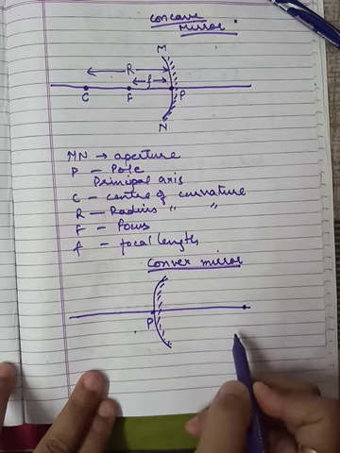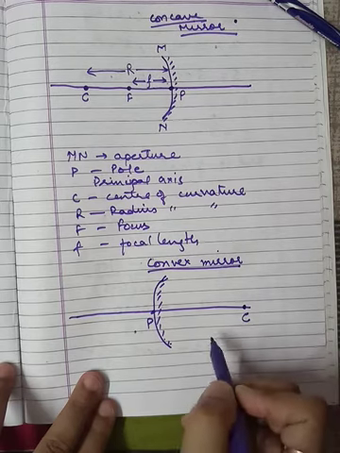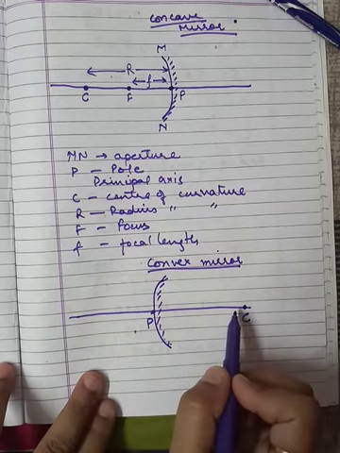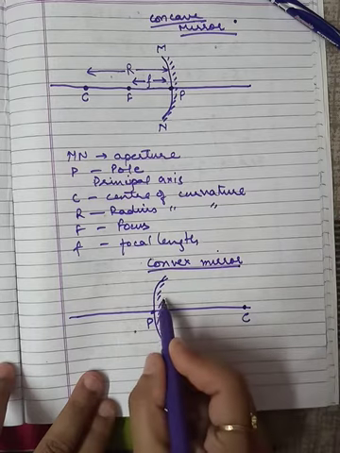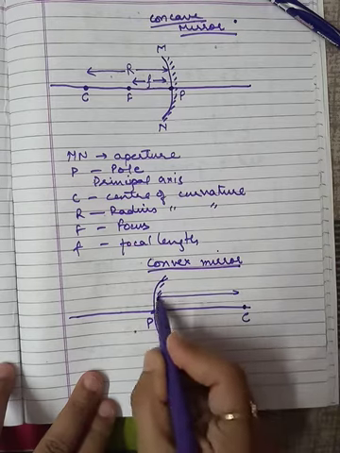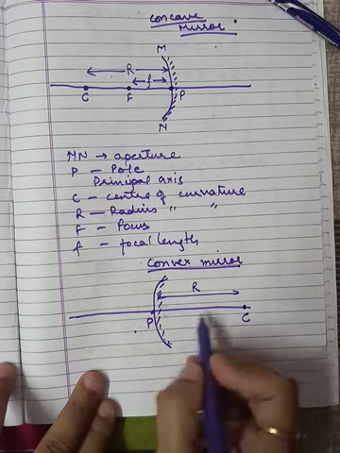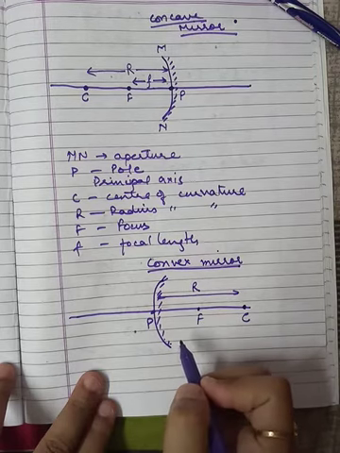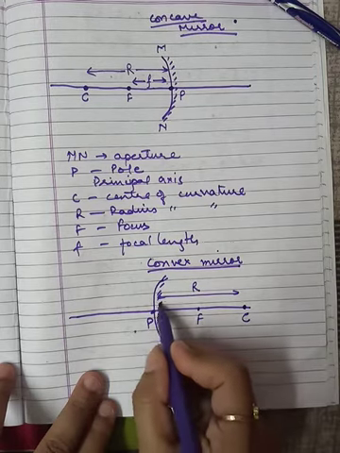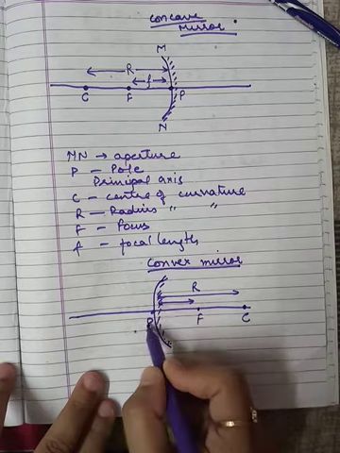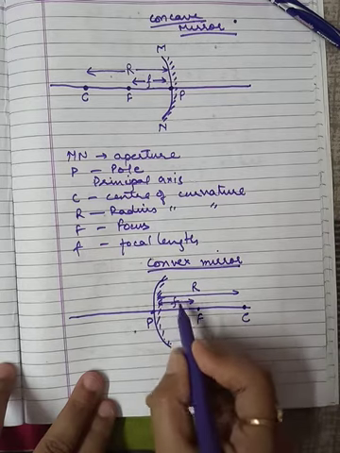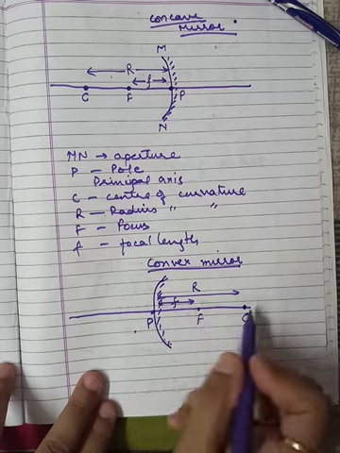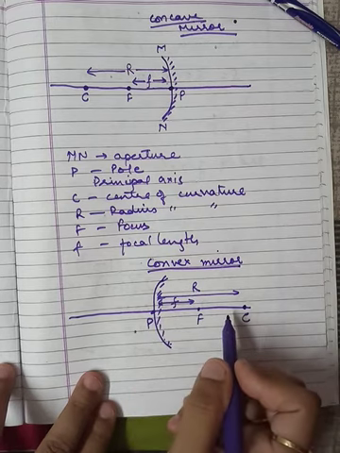The center of curvature is C. Then this will be the principal axis. The distance is the radius of curvature, R. Between C and P there will be the focus F, and the distance between F and P will be small f, the focal length. So all the parameters will be measured towards this side.